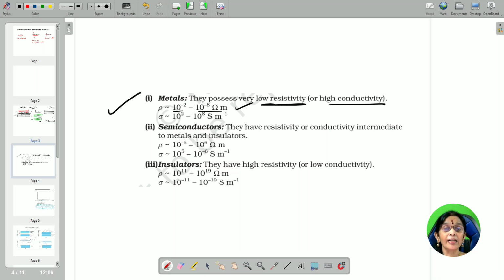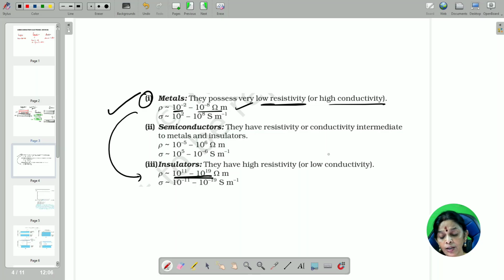The next one is semiconductors, which we will come back to later after learning about the insulator. The insulator has very high resistivity, 10 power 11 to 10 power 19 ohm meter, hence very least conductivity. You can even say negligible conductivity.